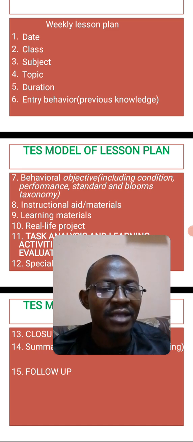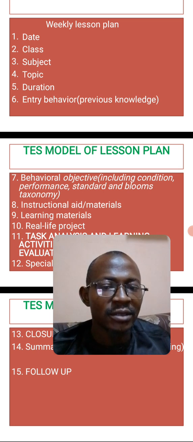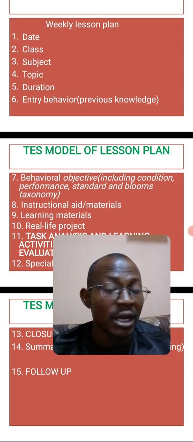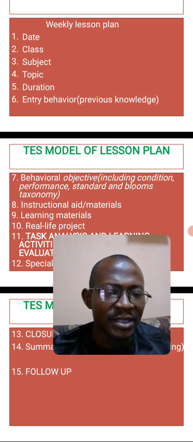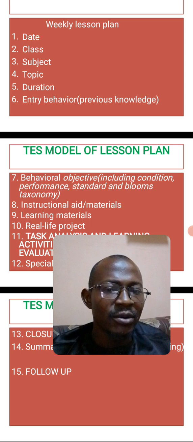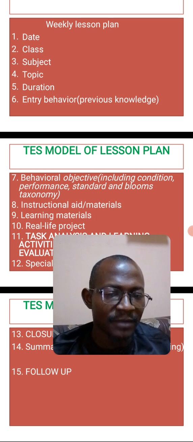Learning materials are the things that the learners need to learn. The real life project, we have spoken about that. You can give a real life project in any topic, even if it is history or English language. For example, if you want to teach stress pattern, the implication of stress pattern is that it affects the meaning of the word. Some words have the same spelling but are pronounced slightly differently based on the stress pattern.